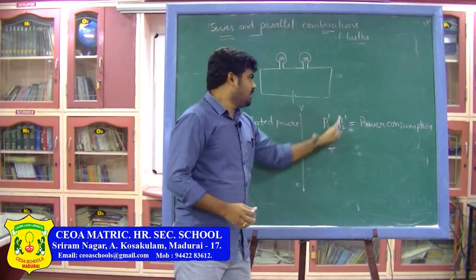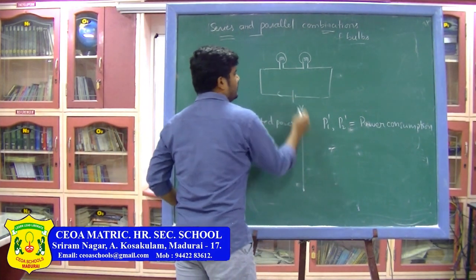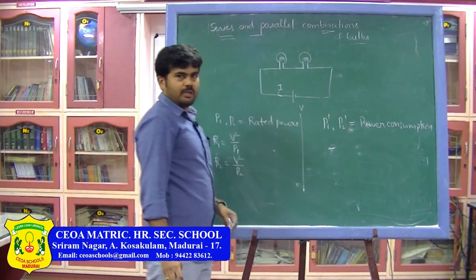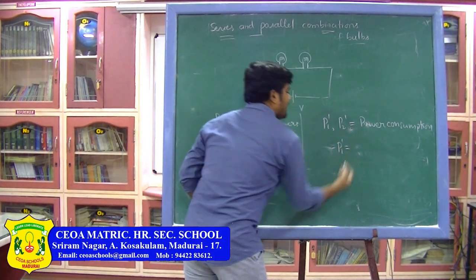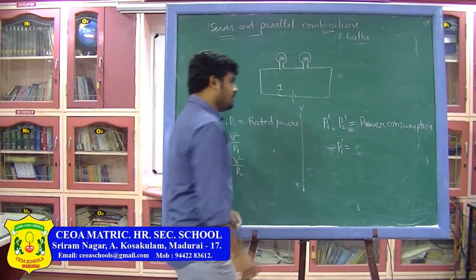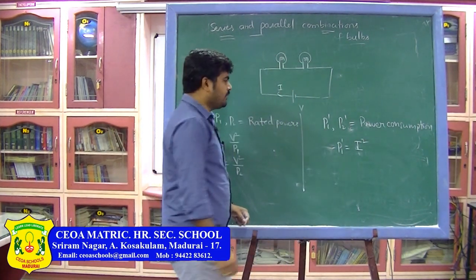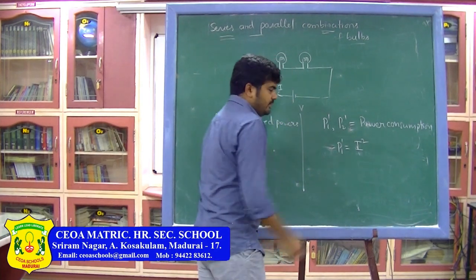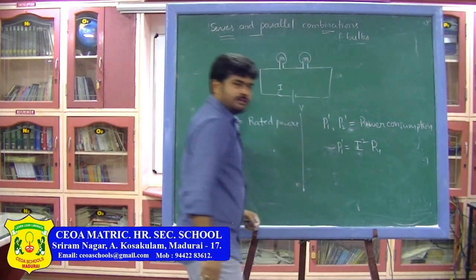Now let us compare P1 dash and P2 dash. Because it is a series combination, the current is the same in the circuit. The power consumed by the first bulb, P1 dash, is equal to I square R1, because the current is the same in both bulbs. So I can use the power in terms of current: P1 dash is equal to the current through the bulb into its resistance.